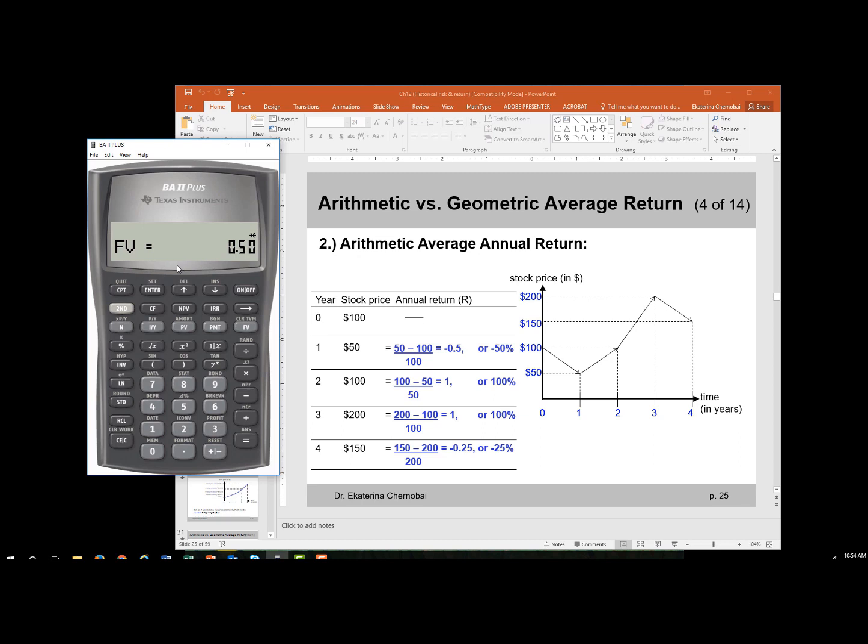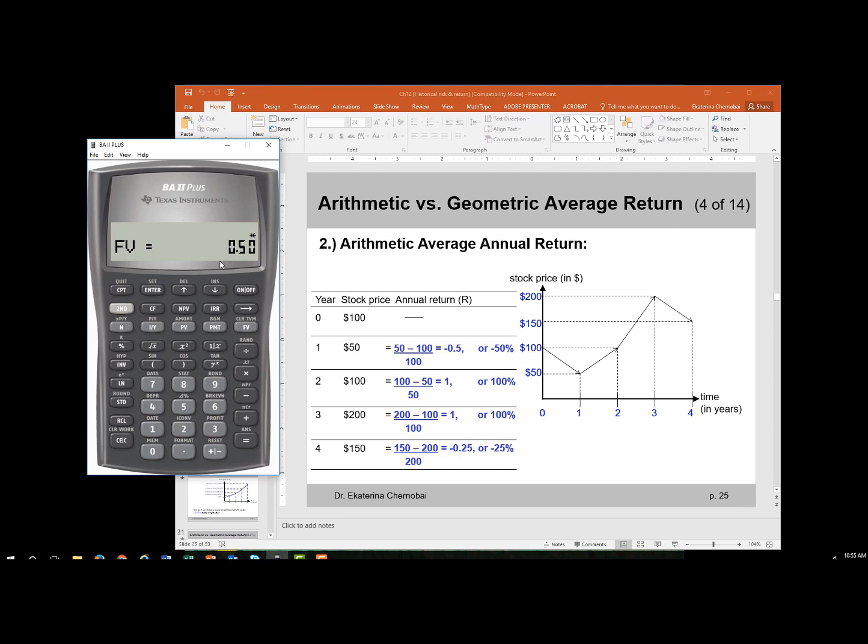So now I'm showing you in general how you could use the financial calculator to find the geometric average. So step 1, PV equals 1, like $1. Take the return that is given for year 1, use it as your IY, and compute the future value after 1 year. You got 0.5.